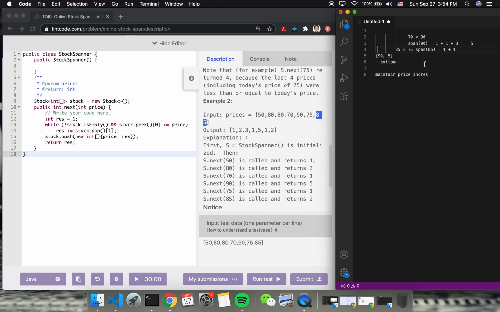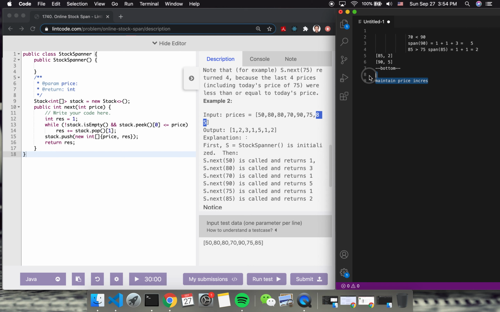And then the next step is compare the 85 with 90. It is not smaller, then we stop. So span of 85 is 2, and then don't forget to push the 85 into the stack.